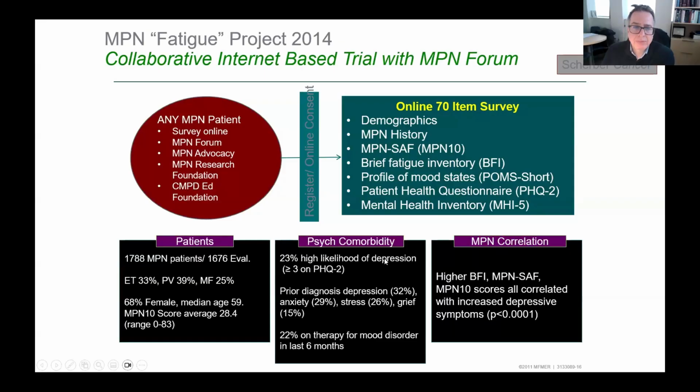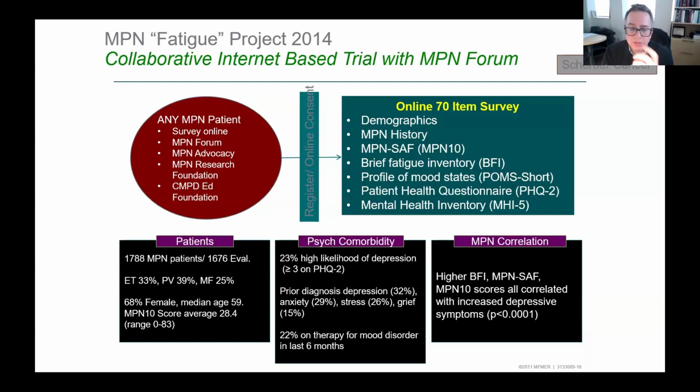And really what it did was multiple different surveys to try to understand the context of what patients are experiencing and how it shows up in patient-reported outcome tools like the brief fatigue inventory, the profile of mood states, patient health questionnaires. So different validated tools across medicine, including the MPN-SAF, a very specific MPN-10 score, trying to understand what is the burden of symptomatology, in particular fatigue.